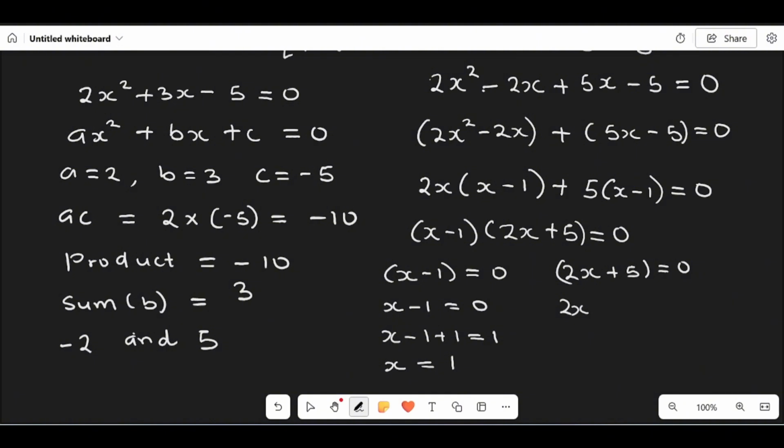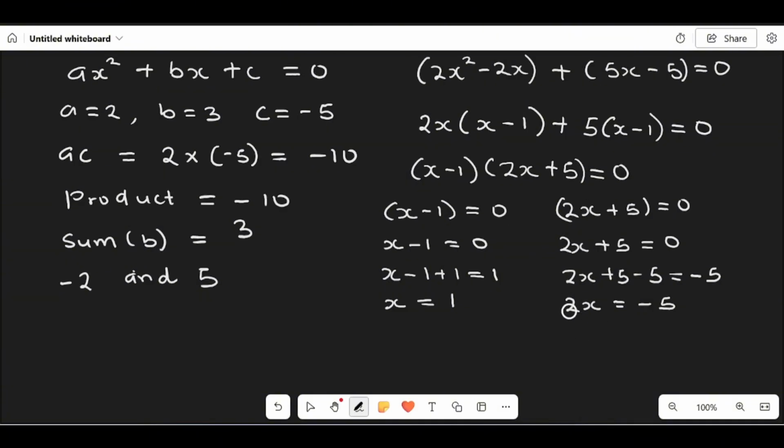2x plus 5 equal to 0. Add minus 5 to both sides. 2x plus 5 minus 5 equal to minus 5. Plus 5 minus 5 is 0. 2x equal to minus 5.